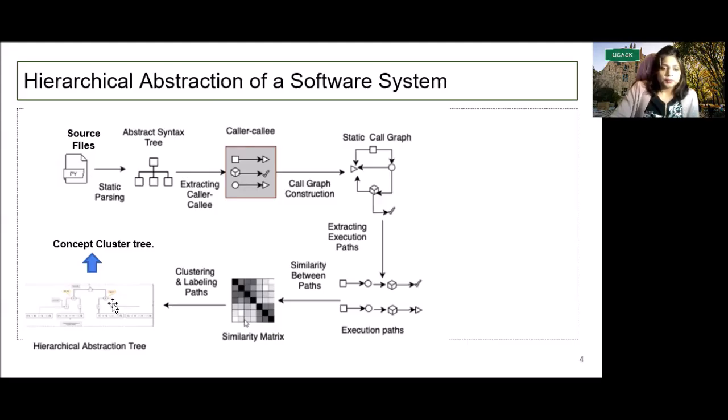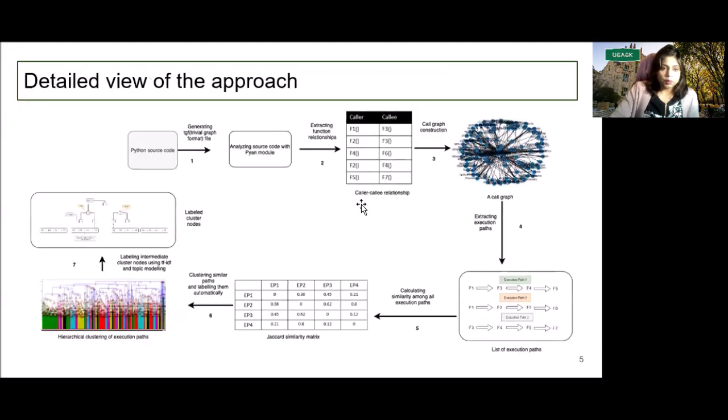And from the hierarchical abstraction tree, we label the intermediate nodes and the root node of the tree with a meaningful name, using different information retrieval techniques like TF-IDF, and then we obtain the concept cluster tree. So here is the more detailed view of the approach.